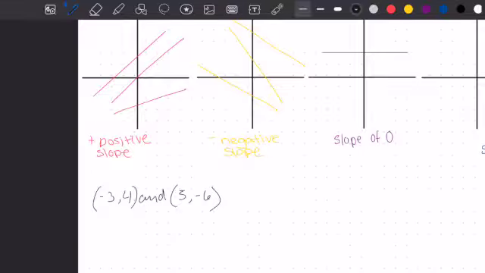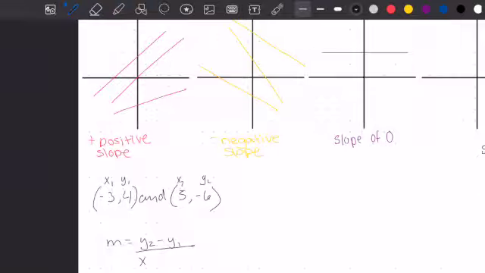This is going to be my X1 and then my Y1, and this is going to be my X2 and Y2. Sometimes I find it helpful to label my points so that I know when I'm putting them into my slope of a line equation, I am not going to mess that up, and I'm going to keep things very consistent.